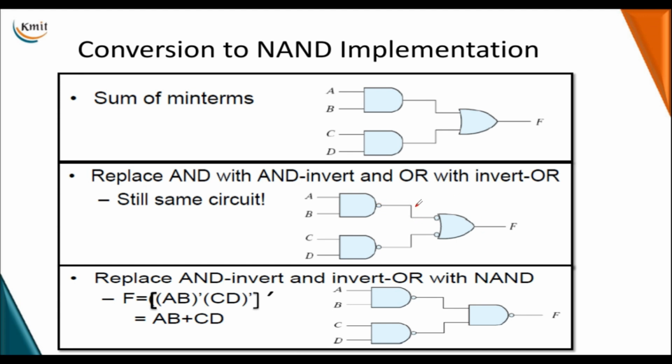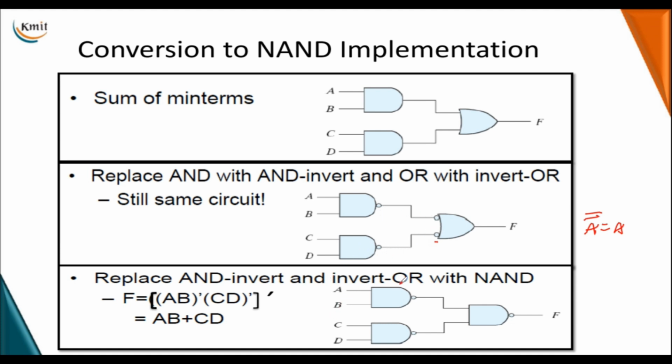Now we have to check for the inserted bubble compensation, as A double bar is always equal to A. If these are compensated, there is no need to insert a NOT gate. If these are not compensated, insert a NOT gate onto that particular input line. Here, the inserted bubbles at the output as well as the inserted bubbles at the input of the OR are compensated.